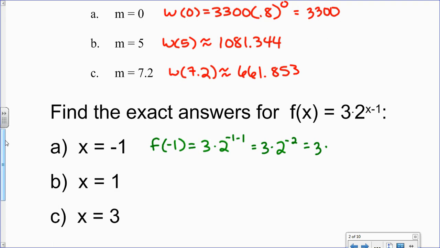Again, you should be able to do that without a calculator. So 2 to the -2, what is that as a fraction? 1/4. So the negative exponent makes this a fraction, and then it's 2 to the 1/2 squared, so 1/4. Okay, and then 3 times 1/4 is 3/4.